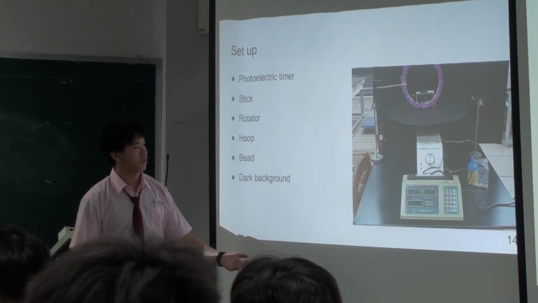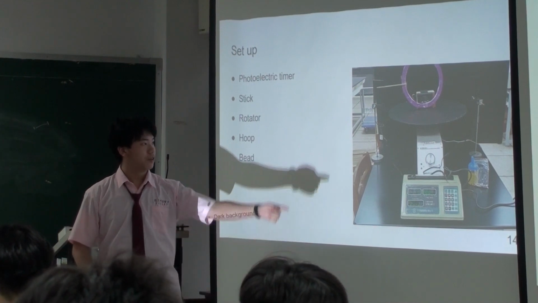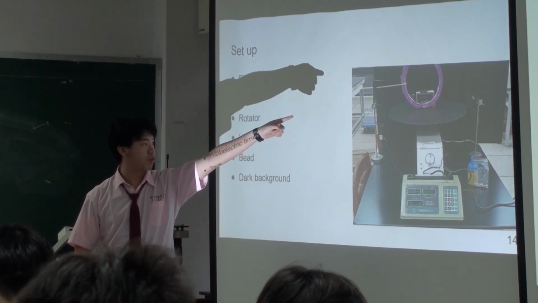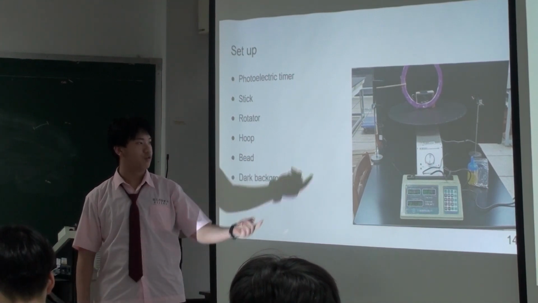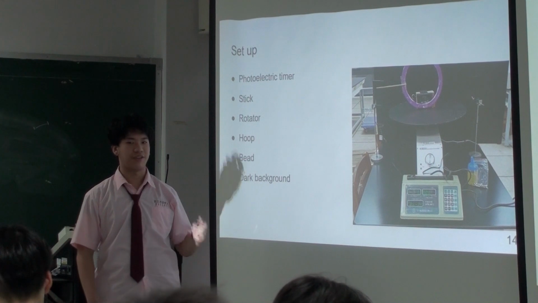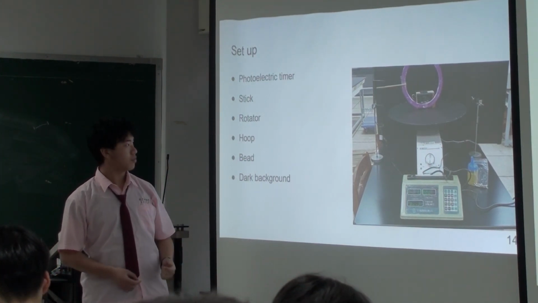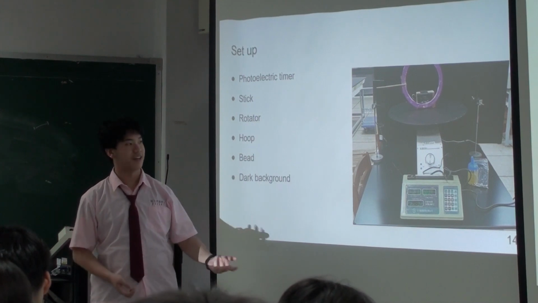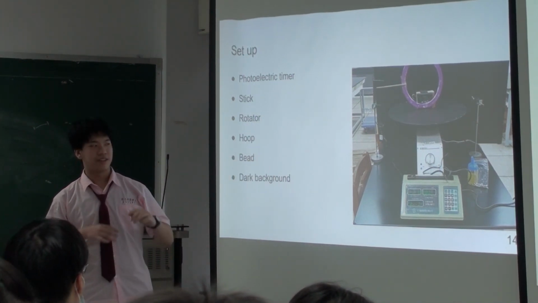I don't think I need to explain everything, but in conclusion, when the hoop spins, it will pass the photoelectric timer, and we can calculate the time it takes to spin half a circle. By doing this, we can calculate its angular velocity, and by using Tracker, we can calculate the height of the bead.